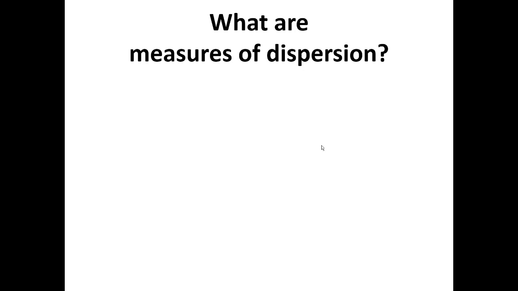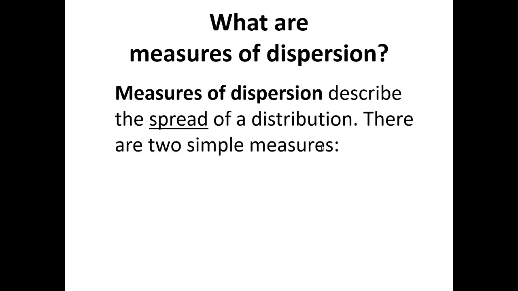We then talked about measures of central tendency. That helps us understand where the middle, or the center, is within a distribution. And now we're going to talk about measures of dispersion. Measures of dispersion describe the spread of a distribution.